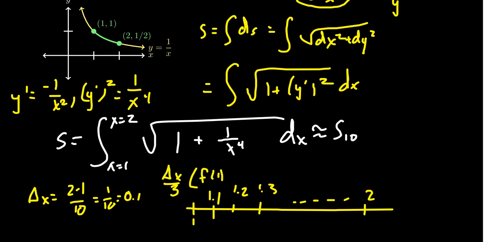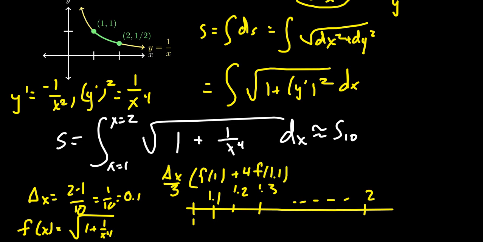When I say f right here, we have to be careful what we're talking about. In this context, the function f would be the square root of 1 plus 1 over x to the 4th. So we'd be taking f of 1 with this function in mind. Then we'd be taking 4 times f of 1.1 plus 2 times f of 1.2, etc. So this is what Simpson's rule looks like.